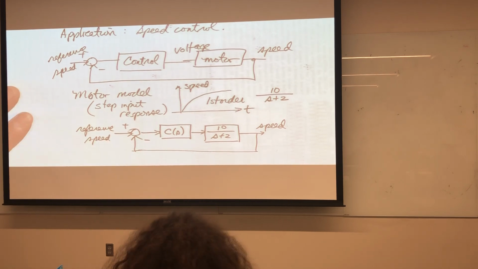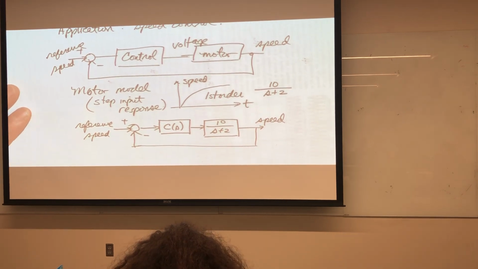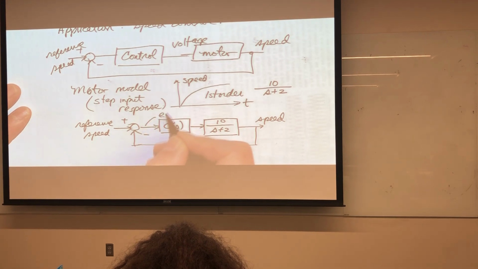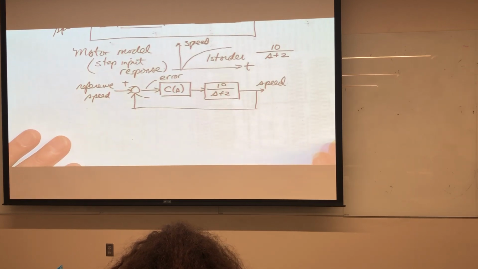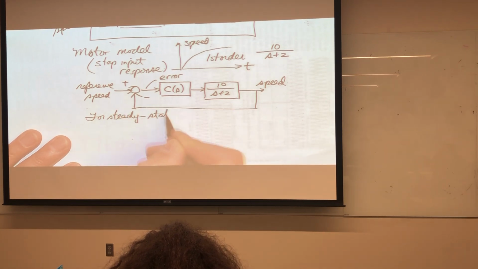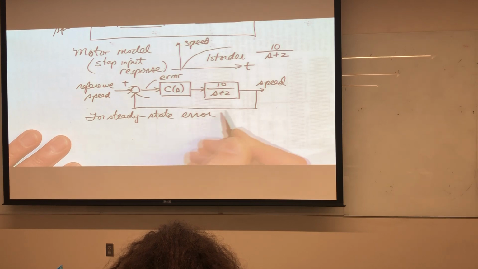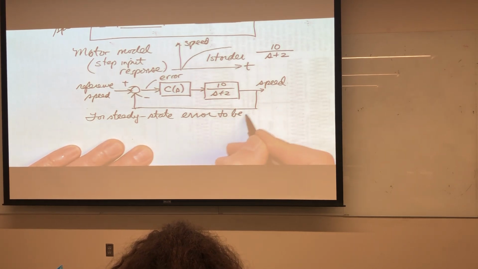Okay. One of the things that we typically want in a speed controller is we want the error to be small. So for steady state error to be 0, this is a desired characteristic.